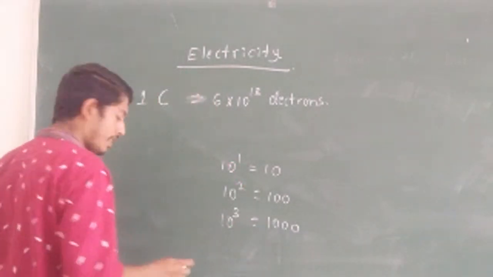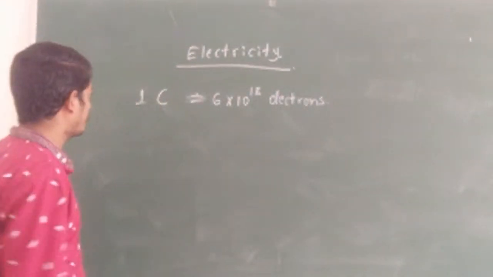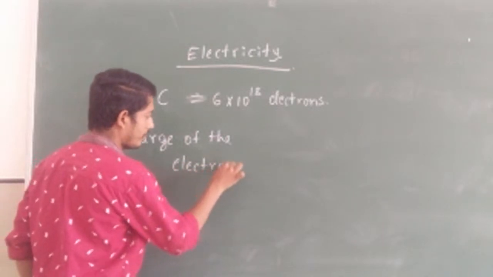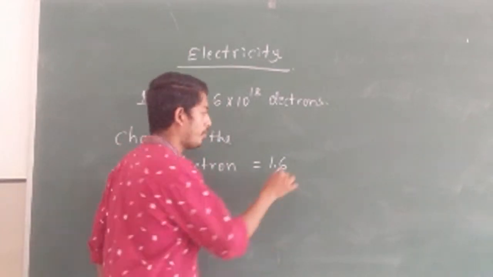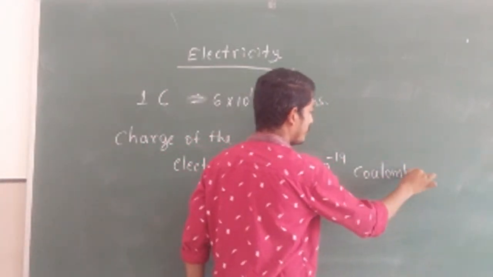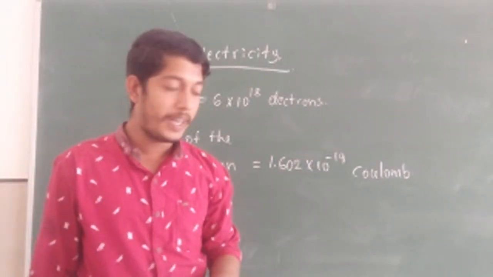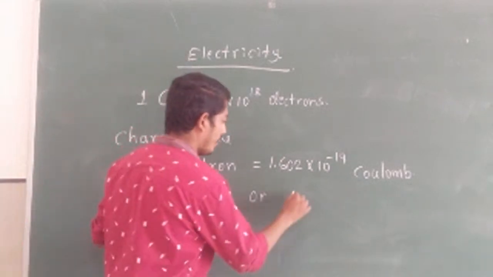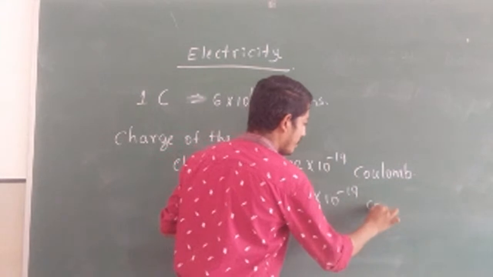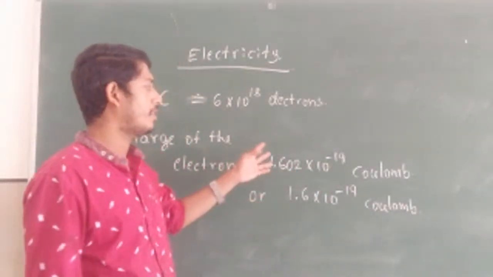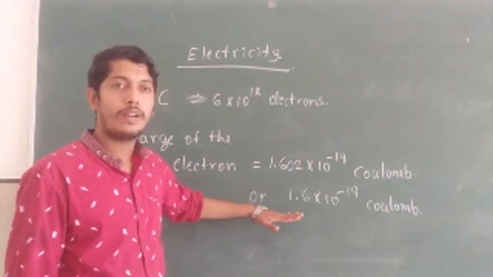The charge of the electron is exactly 1.602 into 10 raised to minus 19 coulomb, or for the help of calculation, we will directly use 1.6 into 10 raised to minus 19 coulomb.